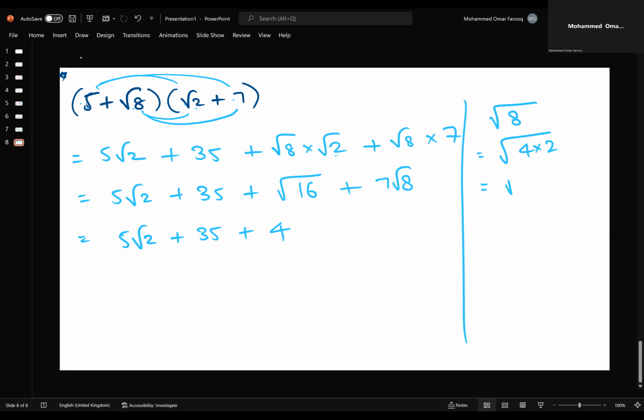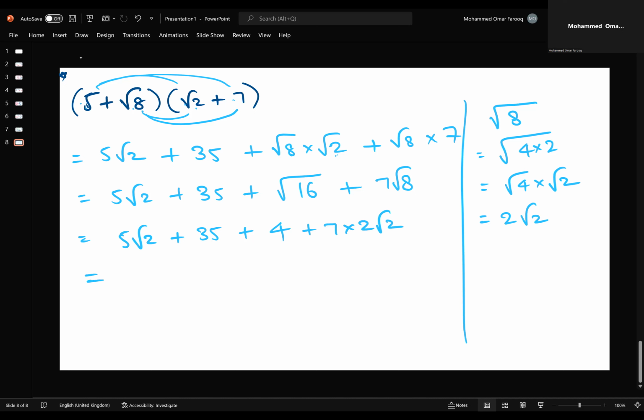Now can I distribute the root under multiplication? So what is root 4? It is 2. It becomes 2 root 2, plus 7 into 2 root 2.